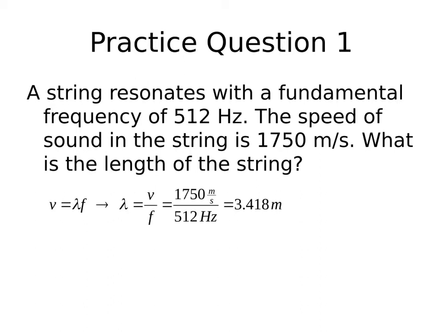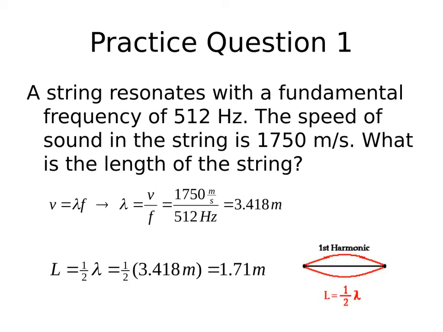So, if we use our universal wave equation, we know that the speed of the wave is equal to f times lambda. So we have lambda is equal to v over f. We get 1,750 meters per second for the speed. We'll substitute that in, divided by 512 hertz for the frequency, and we get 3.418 meters.